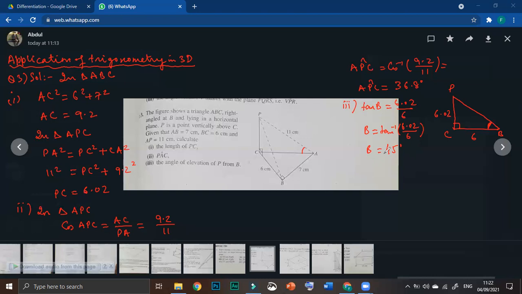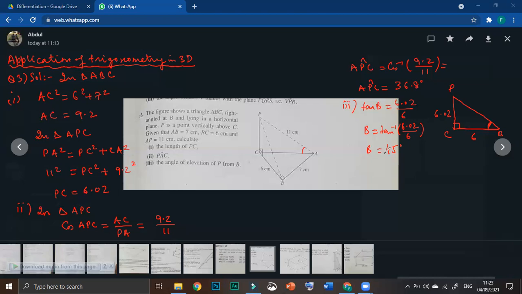Now, what is the key point in this chapter? We have to solve the actual angle separately.